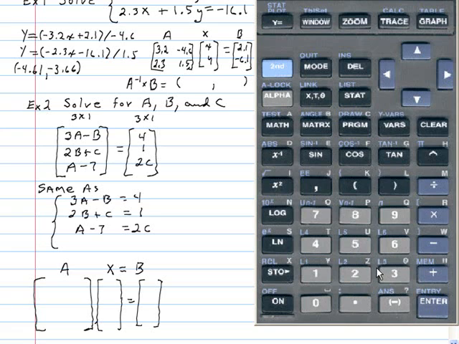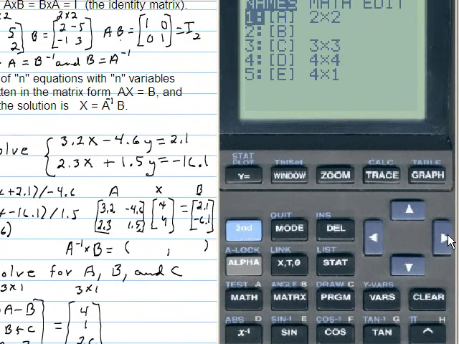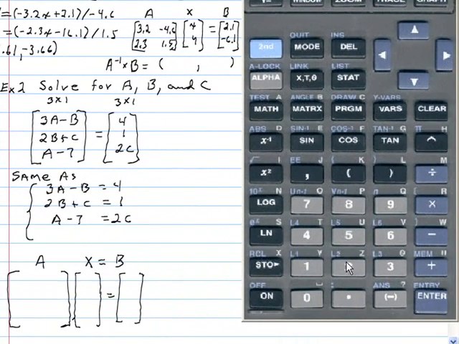To load matrix B, I'll go matrix, edit, B is number 2, and I'm editing B. And I want B to be 2 by 1. It's got 2 rows, 1 column, so I'm going to go 2, enter, 1, enter.